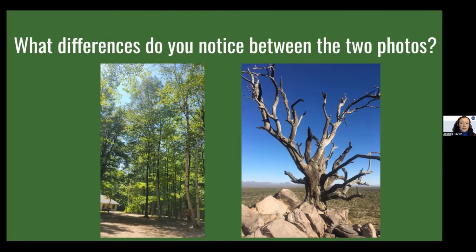Leaves, differences in leaves, the quantity of leaves. What else do you observe? All right, I see tree roots in rocky outcrop versus compact soil. Yeah, so what is the tree living in? What's the soil? Arid versus temperate climate. Just in all of those conversations, we've already extended this conversation of trees beyond trees to our other Earth system spheres, right?